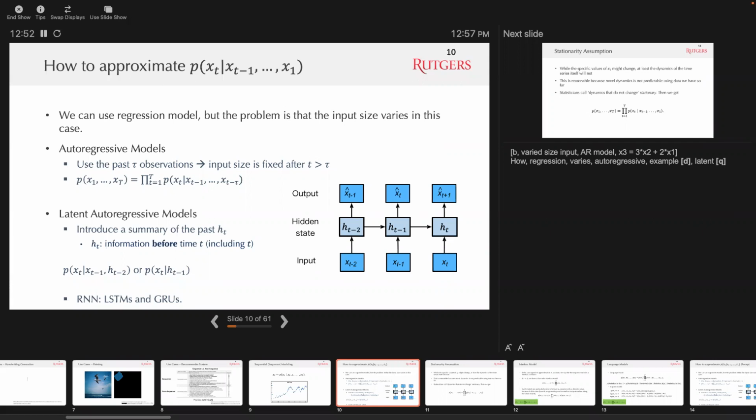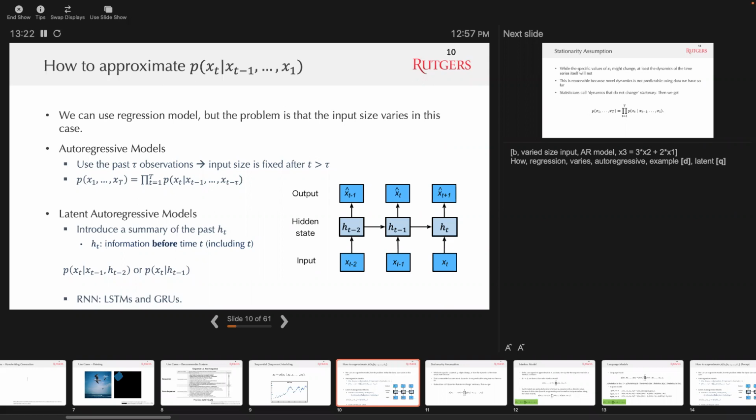This variable ht is a latent variable, and this latent variable represents a summary of all the past history. So this ht contains the information before and including time t. And then all you need to do is learn p of xt given ht.